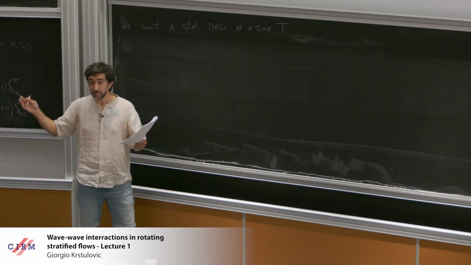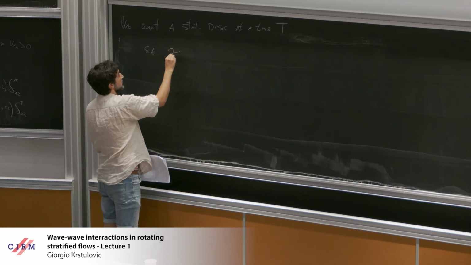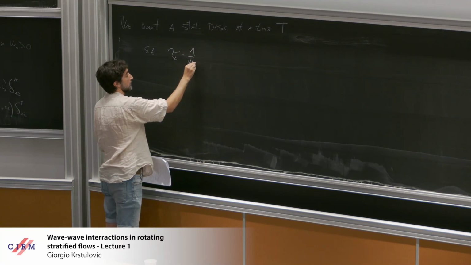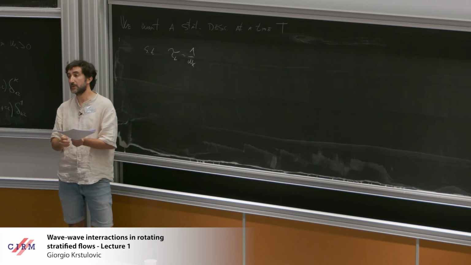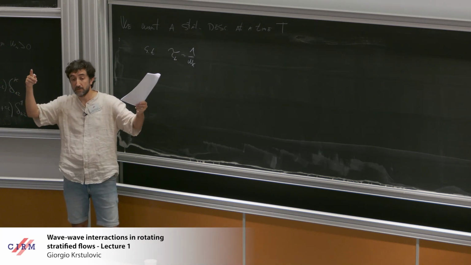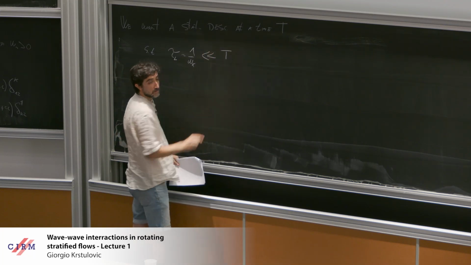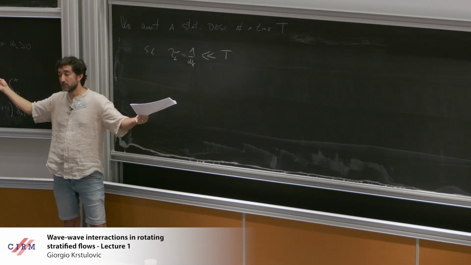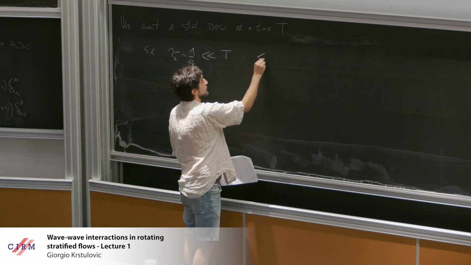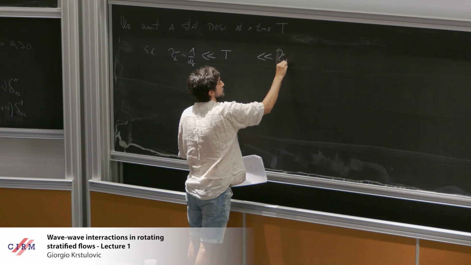At a big time t, such that if I take the linear time, which is 1 over the frequencies, I want to look at times that are much larger than the slowest period of the waves, but at the same time not so long, smaller than the kinetic time of the system, which I will call TNL.